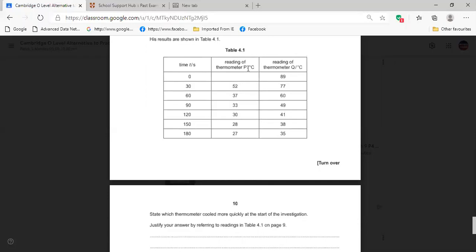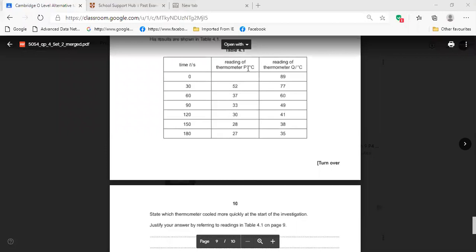Then what about Abir and Tamjid? Sir, I wrote P because the temperature decreases in less time. Tamjid, you? Sir, I wrote P because it has a larger temperature drop. Yes, it has a larger temperature drop, but with the same time, right?